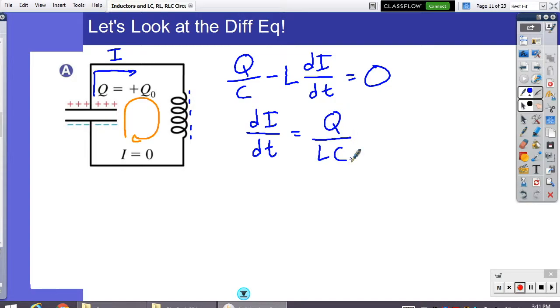Now, the thing is, what is this current doing? This current is reducing the charge on my capacitor. So I can actually write that I is negative dq/dt, because as my current flows, my capacitor is discharging, the charge is going down and down. So if I substitute that in, I have to take a derivative of that.